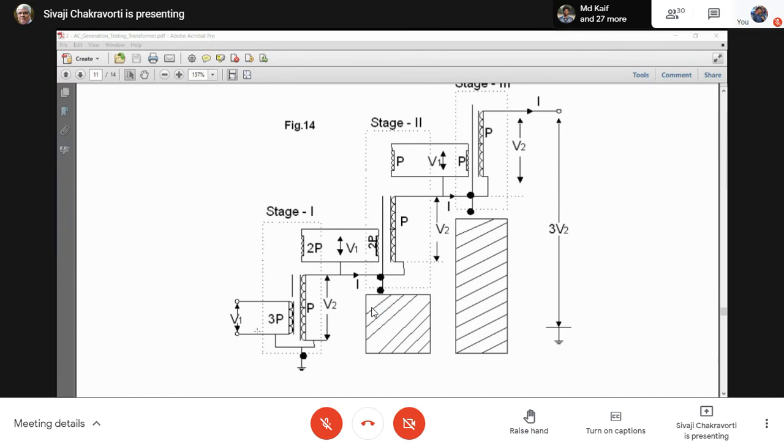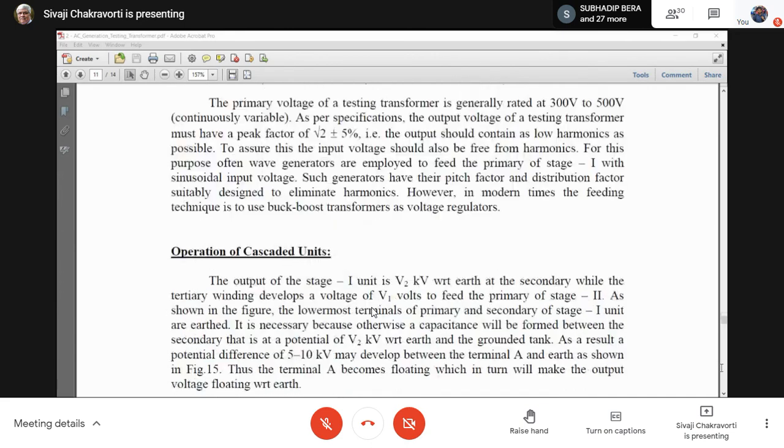This is called the cascade connection. And here you can see I am applying voltage only at one transformer. All primaries of all the other transformers get it through the tertiary winding. So that means I am not doing anything to them. It's all automatic. So it's a very smart way of connecting, and we get the required output.